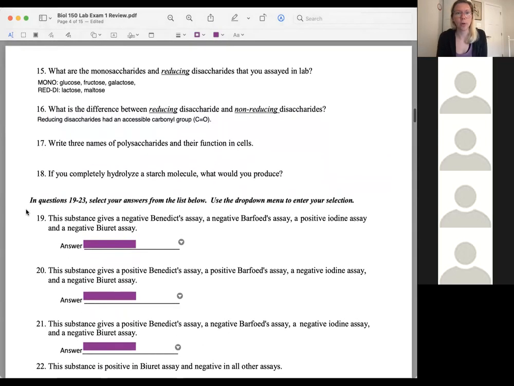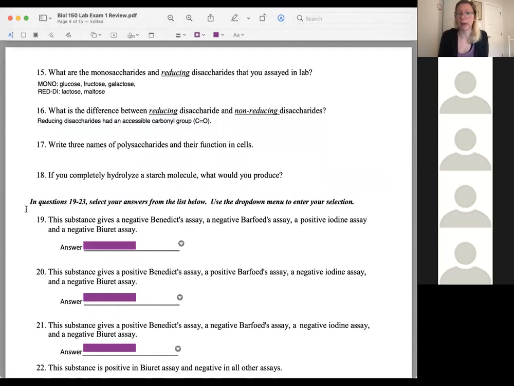Okay, so if we put a whole bunch of monosaccharides together and get a polysaccharide, what are three names of polysaccharides and what are their functions in cells? Glycogen, starch, and cellulose.